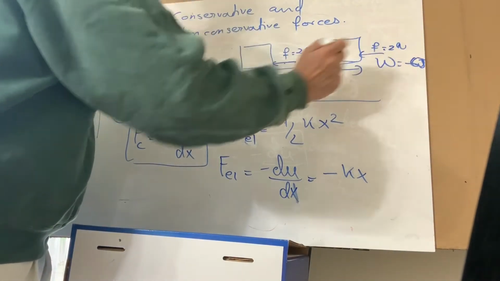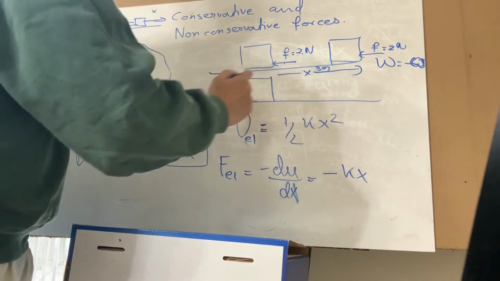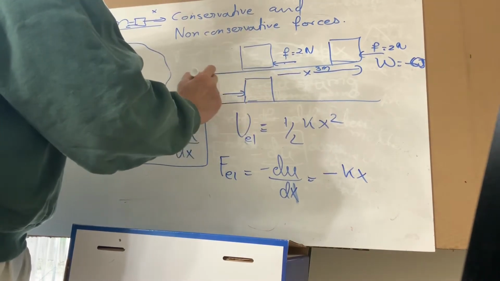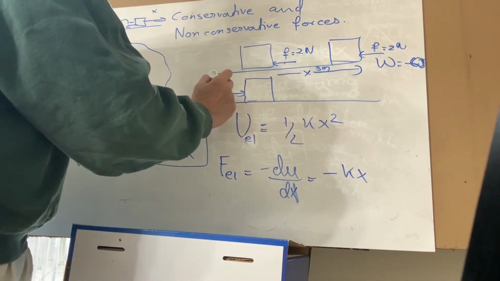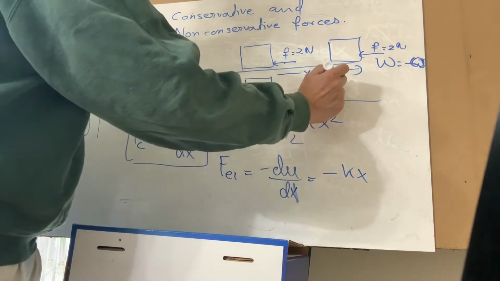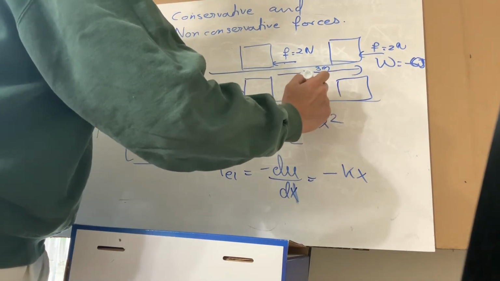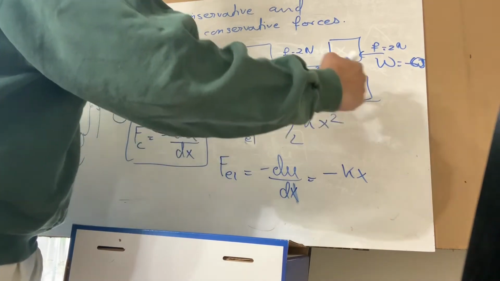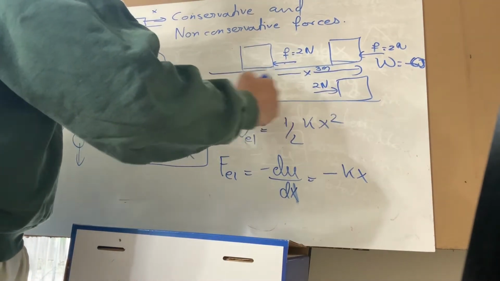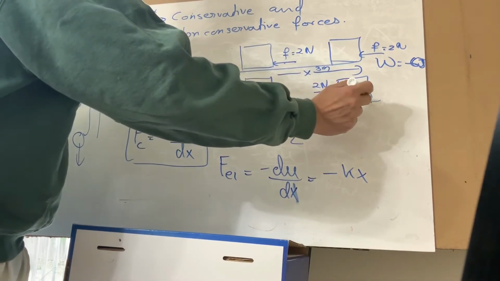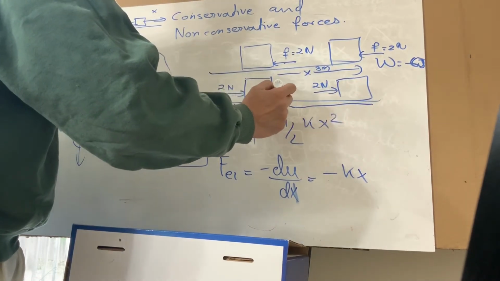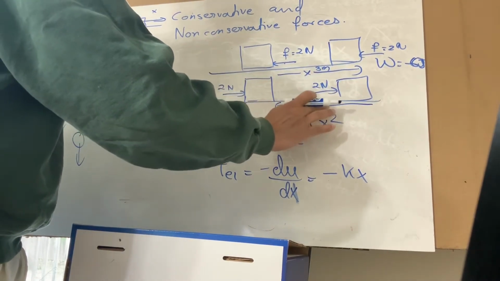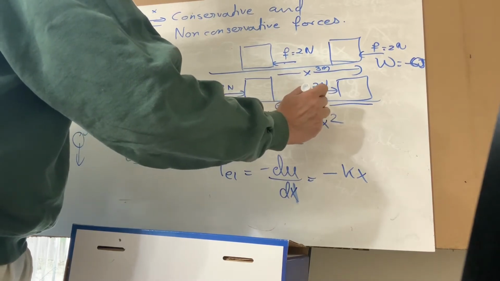What happens if I push it that way? Now the frictional force is this way, since it always opposes motion. So the frictional force is pointed in the positive direction, and the displacement now is in the negative direction, minus 3 meters.